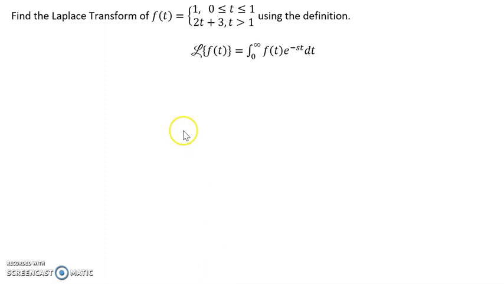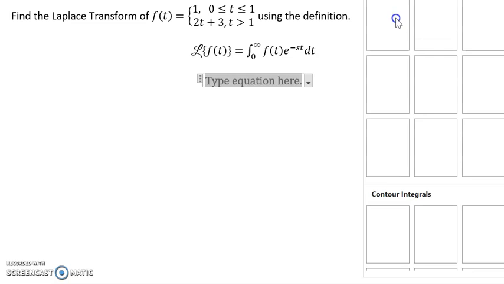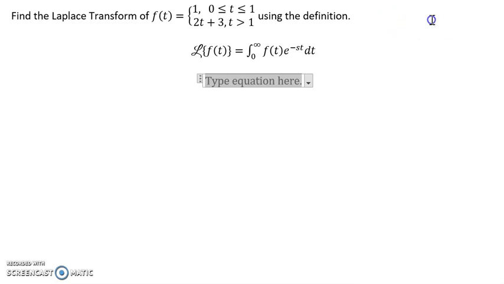Now, this is the definition of the Laplace transform, and so in order to plug in our piecewise function, it's important to keep in mind that these limits where the function applies have to be incorporated into our integration. So in order to plug this into our definition, the first piece of our function only applies from 0 to 1.